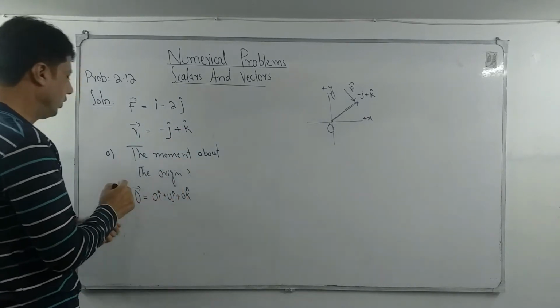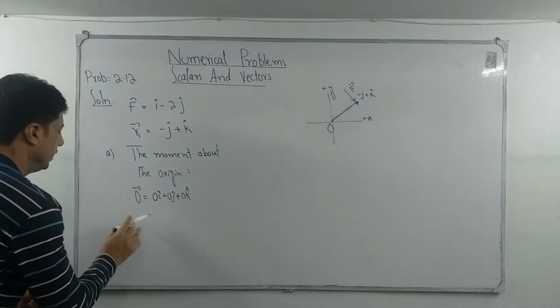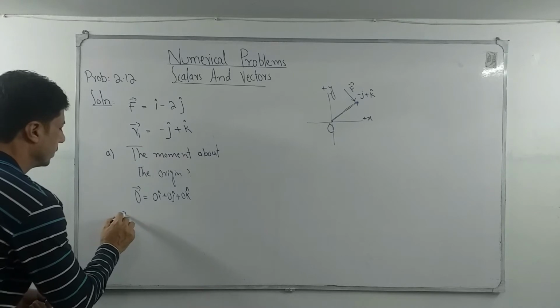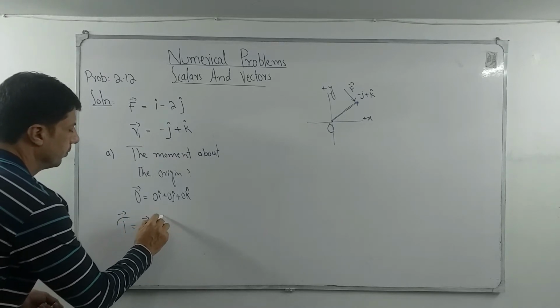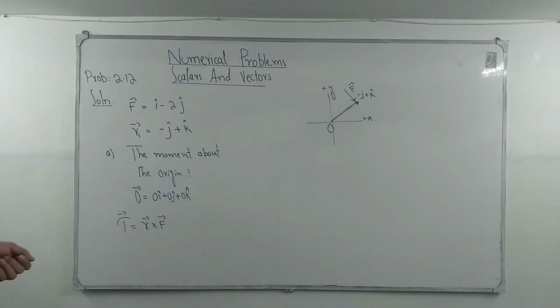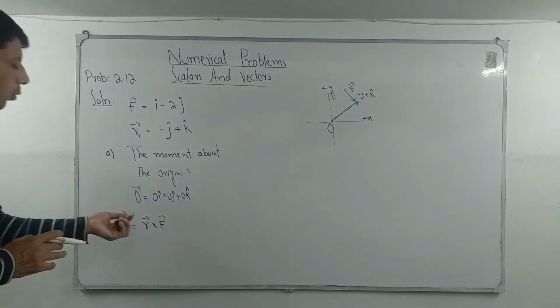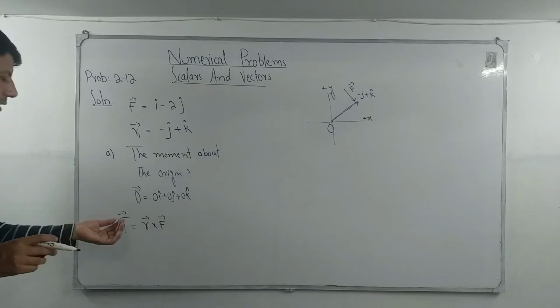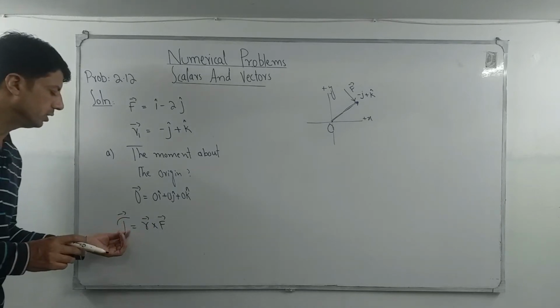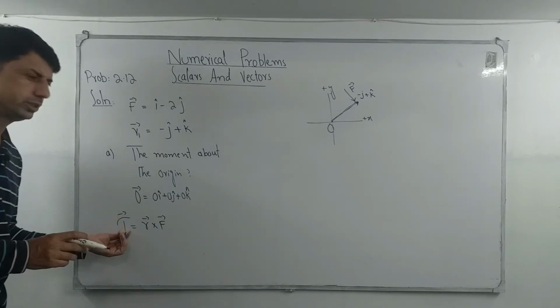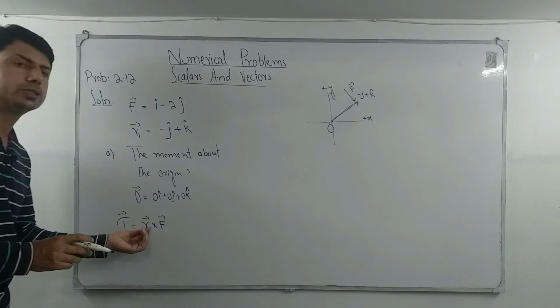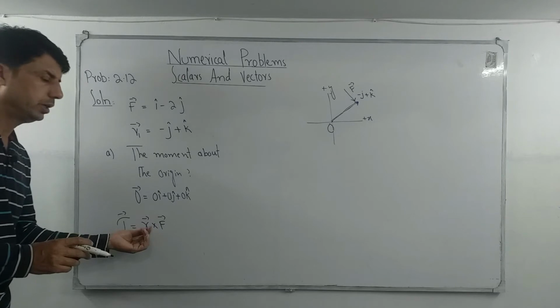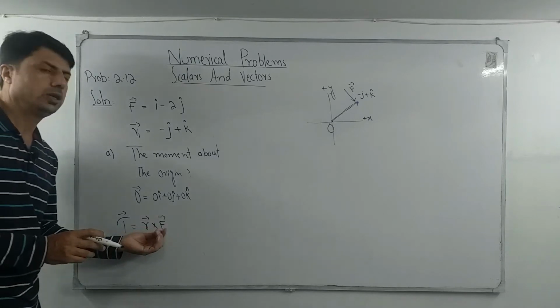So for A, we have to find the turning effect, or the moment, which is equal to R cross F. This is a vector product. We need to find the torque, which is a vector, by multiplying a position vector, or moment arm, with the force, which is also a vector.